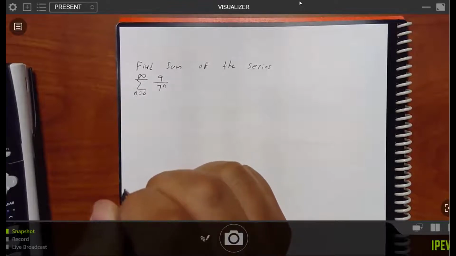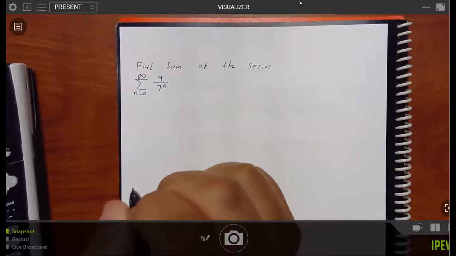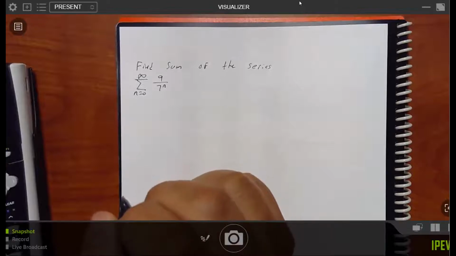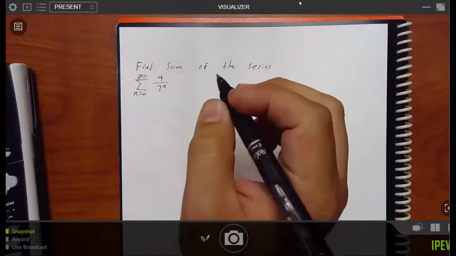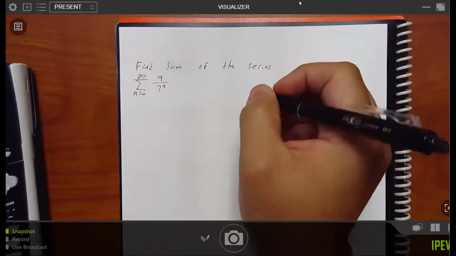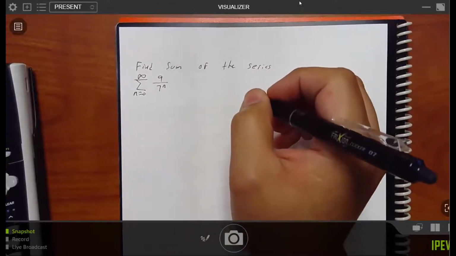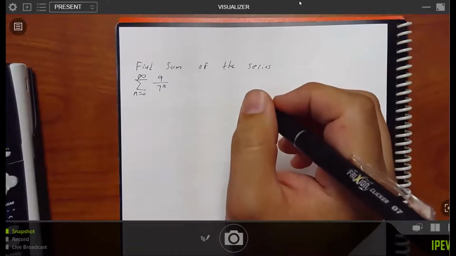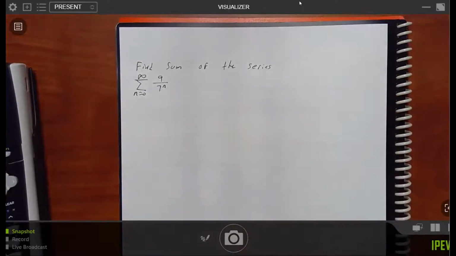You guys remember the formula for the sum? It was like A over 1 minus R or something like that. Actually, I don't remember. I might have to look it up if you guys don't remember.